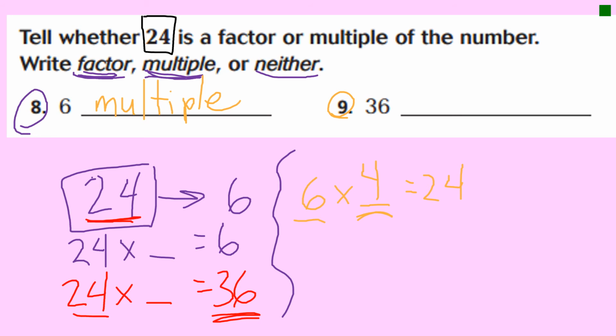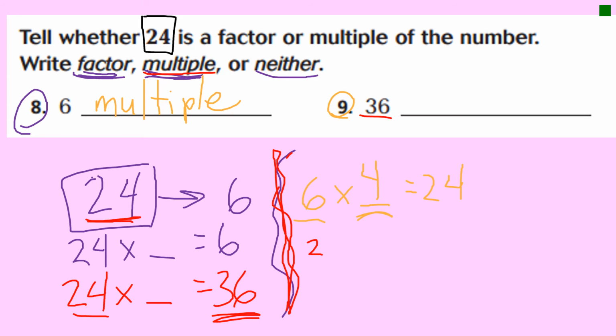So what we're thinking now, we are going over here to the multiple side of the squiggly line. Okay? So is 24, and we're thinking about a multiple, is 24 a multiple of 36?